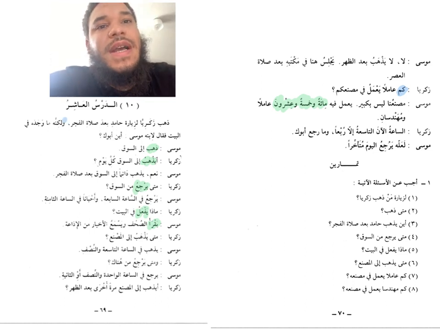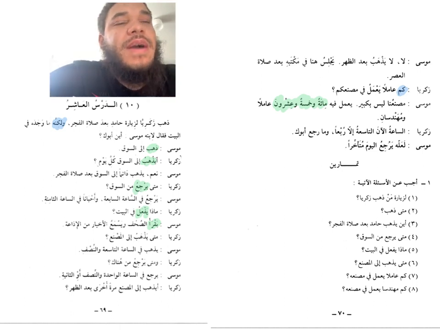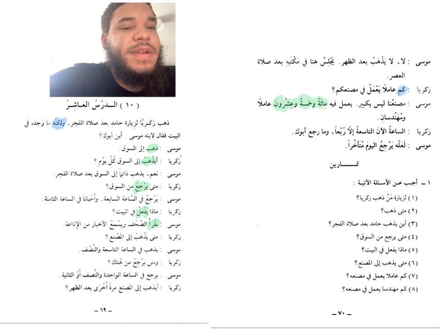Also, we've learned lakinnahu before. Lakinna means however, and whatever comes after it takes fatha. As for ha, it's the pronoun attached to it, so it doesn't change. Lakinnahu. We don't say lakinnaha because ha is used for the feminine attached pronoun.